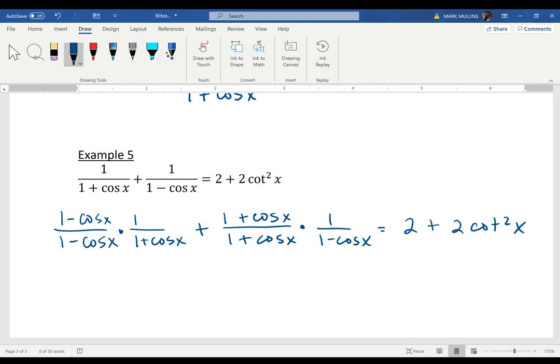So the one with the cotangent is, I have a Pythagorean identity of 1 plus cotangent squared x equals cosecant squared x. So that might be something I might use, because this looks kind of like 2 times 1 plus cotangent squared x, or 2 times cosecant squared x over here. So if I multiplied this whole thing by 2, I'd have this.